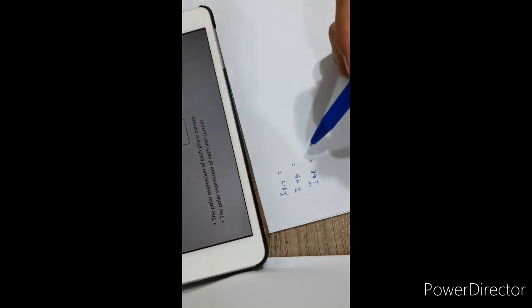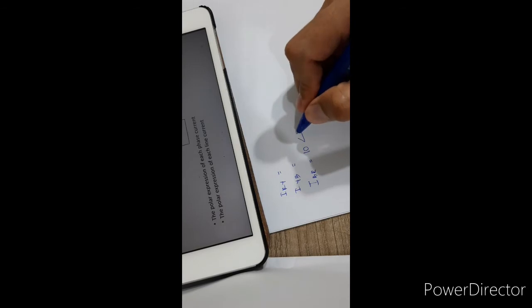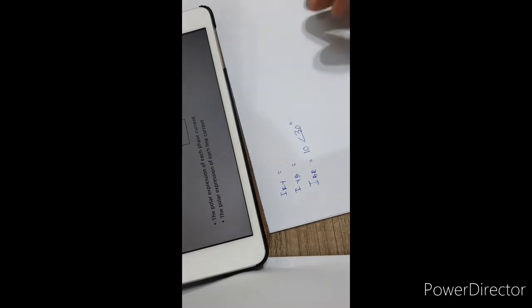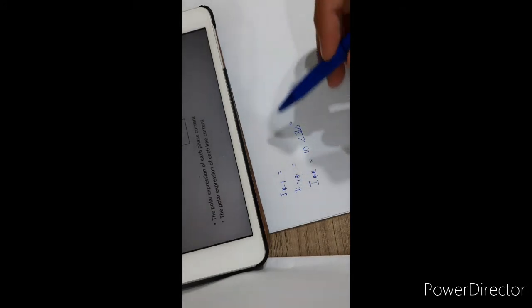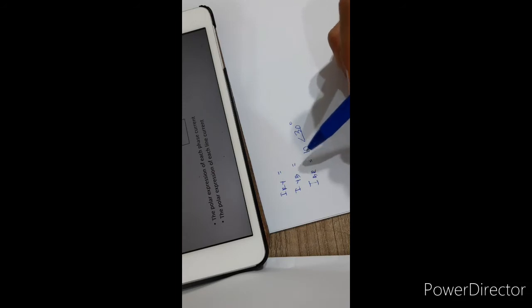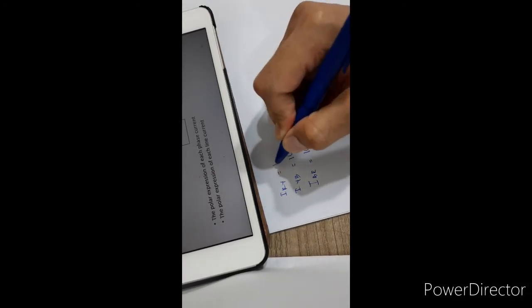So given is IBR 10 in magnitude, and the angle is 30 degree. We know that the difference between these three currents is in terms of angle, so the magnitude is similar, 10, 10.